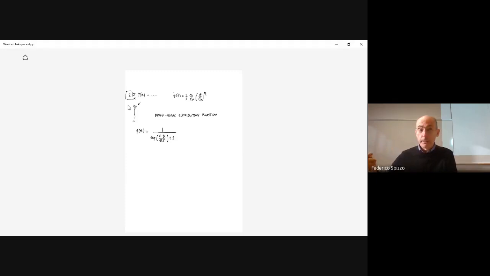So the wave vector dependence is through E. So the energy depends on the wave vector. So F is in principle a function of the wave vector, but that dependence is just through the energy. Here we have the energy of the electron, the chemical potential, k is the Boltzmann constant, and T is the temperature.